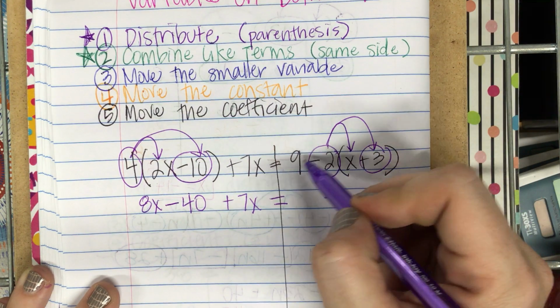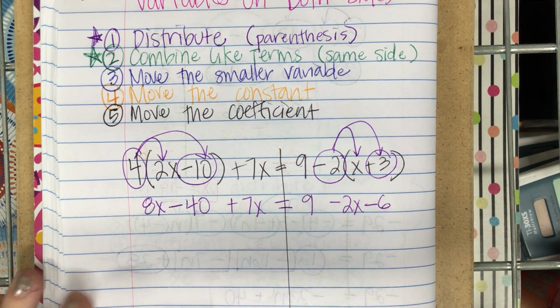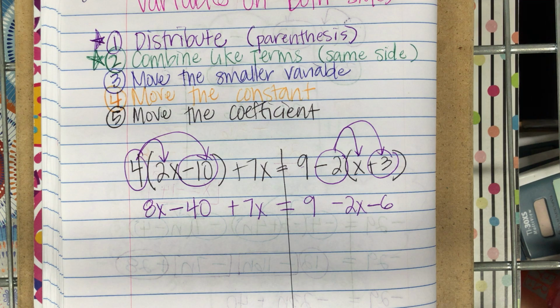This 9 comes straight down. First step, distribute. I did that.